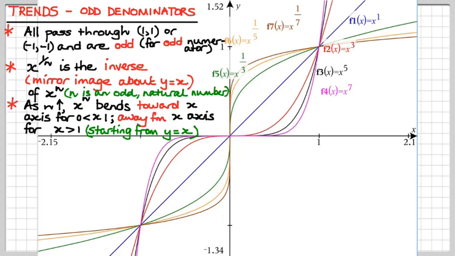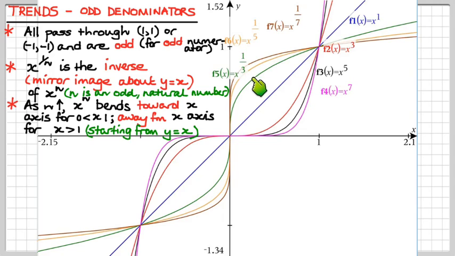They start bending from the line y equals x. So these ones bend down from the line y equals x, with greater bending progressively as these numbers go up. These ones bend away from the line y equals x, starting from the line y equals x, as these fractional exponents, the 1 over n, get bigger as those n's get bigger.